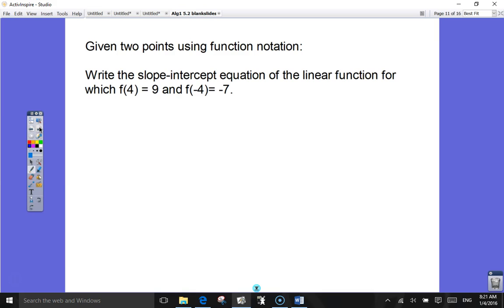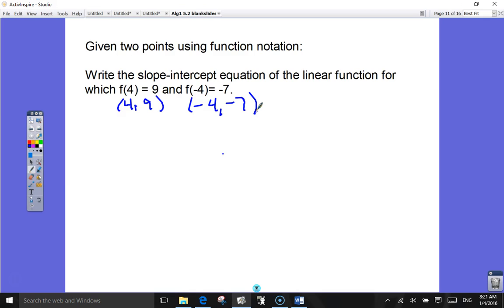So if you're confused by looking at it like that, then write the points that they are first, and then do what we did on the last slide. Like this one here, this point would have been 4, 9, and this point would have been -4, -7, right? That's what it means when you say f of a number equals a number, right? It's just telling you a point on the graph.